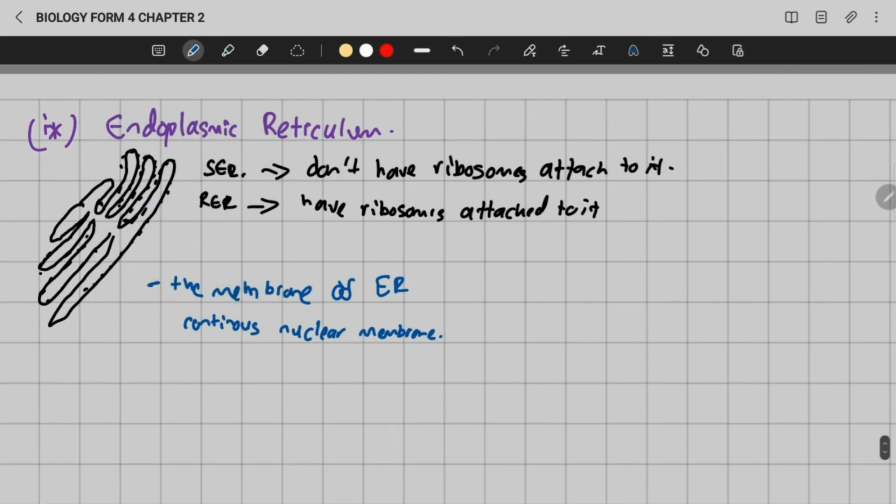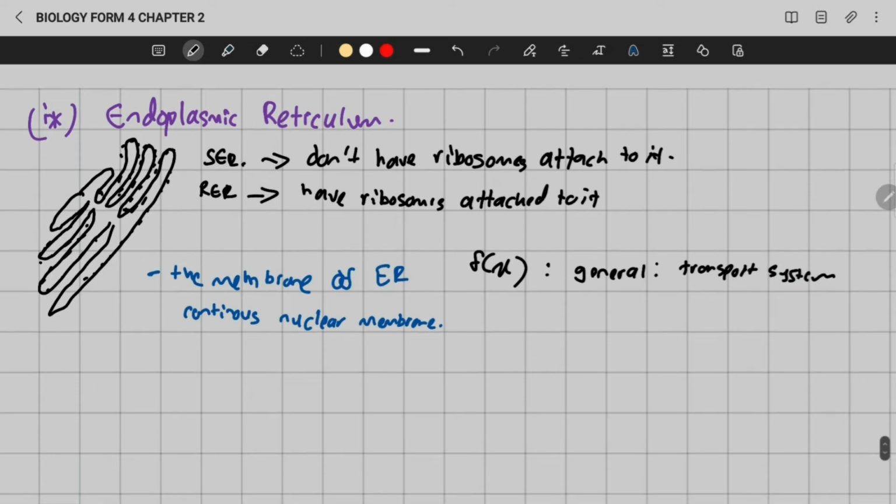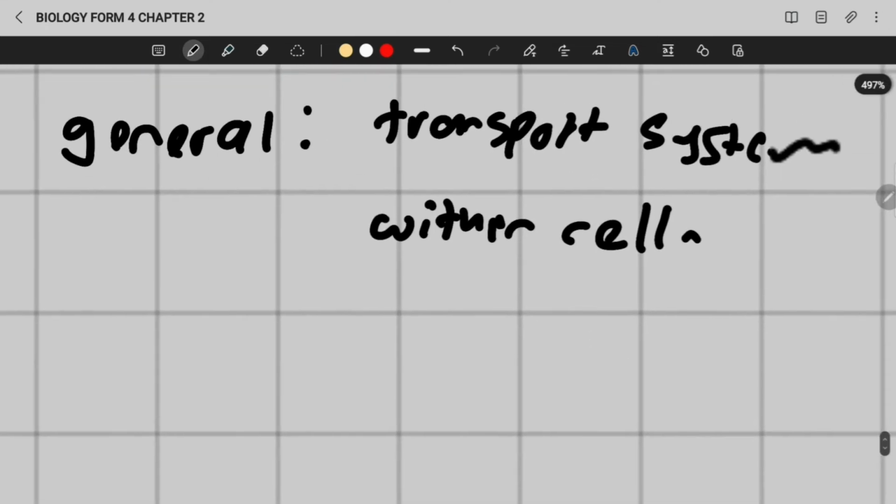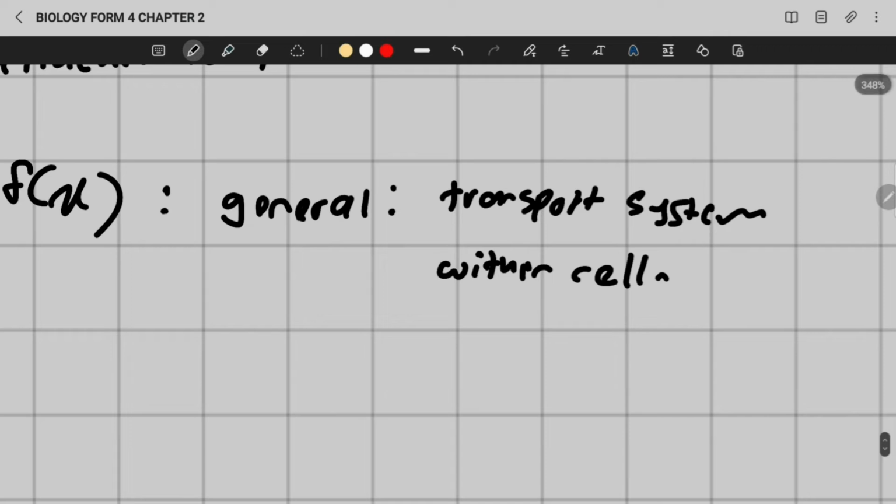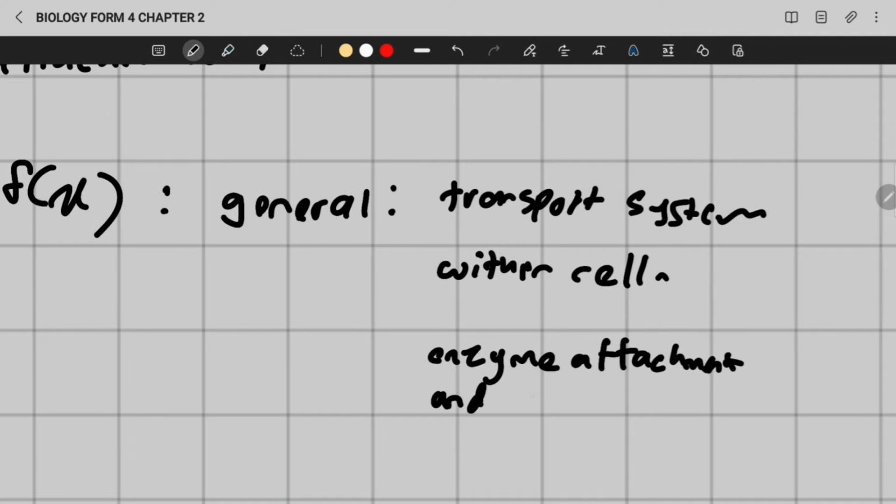So generally, the endoplasmic reticulum serves as a transport system within the cell. And they are also a place where enzymes will attach to it. Enzyme attachment and biochemical reactions will happen there.